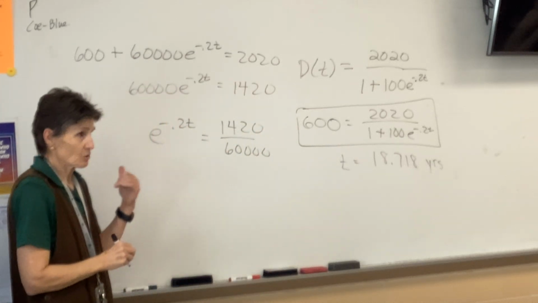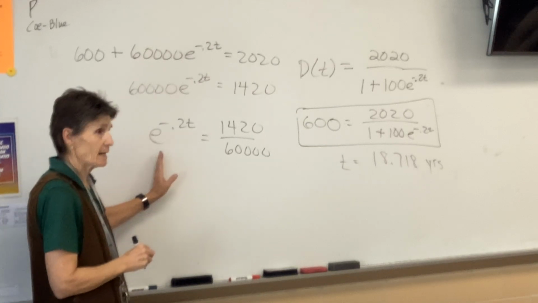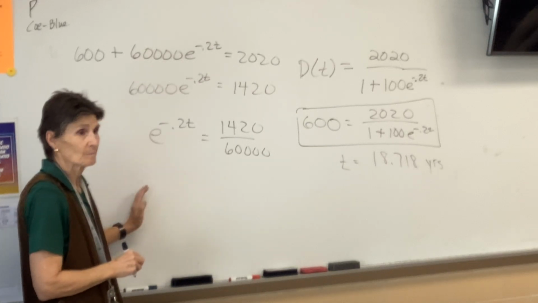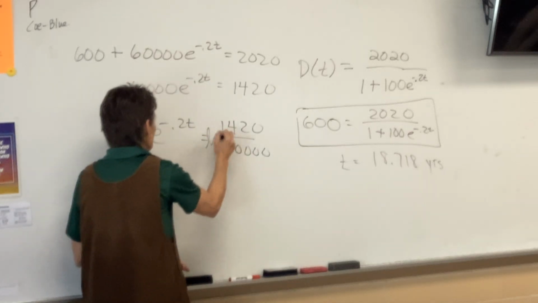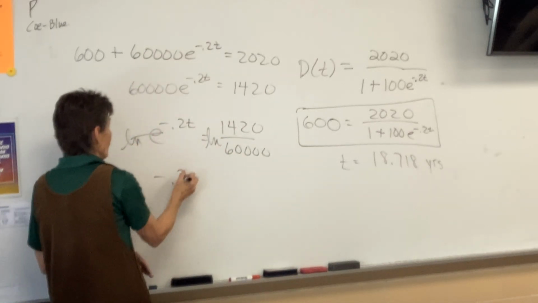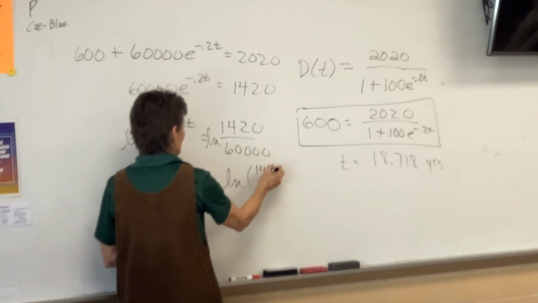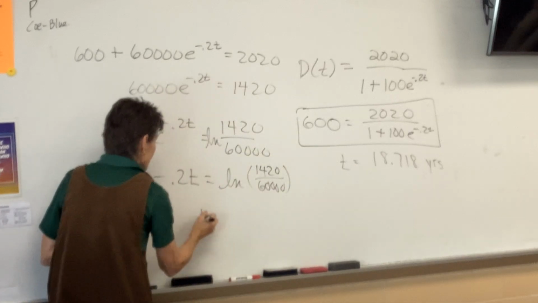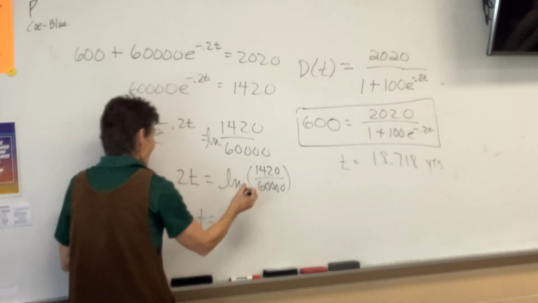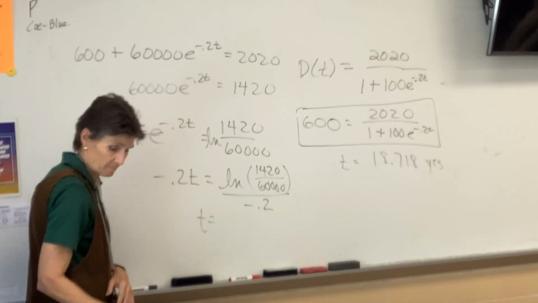Because that's not my answer, I'm just gonna type it in my calculator anyway. How do I go next here? What do I need to do? Natural. Yep, I need to ln both sides. So negative 0.2t will be the natural logarithm of this big ugly thing. And then t will be that divided by negative 0.2.